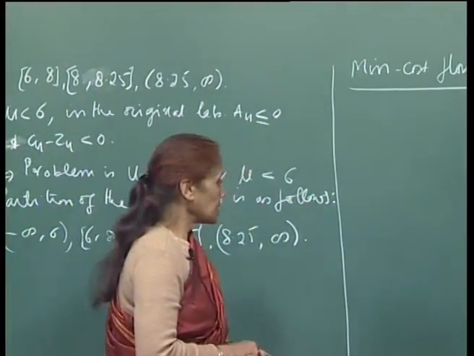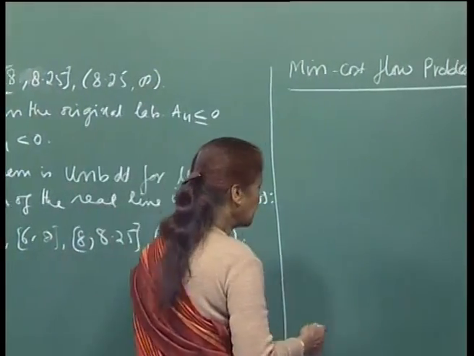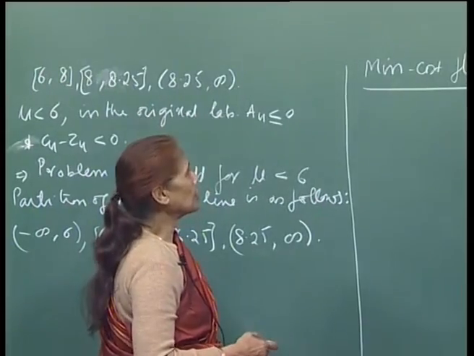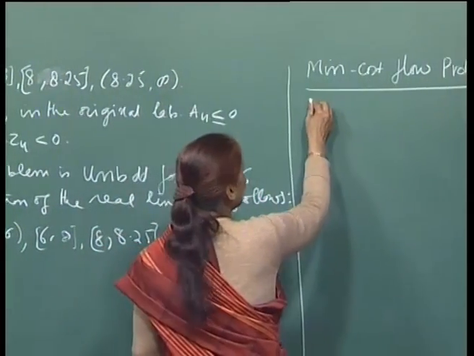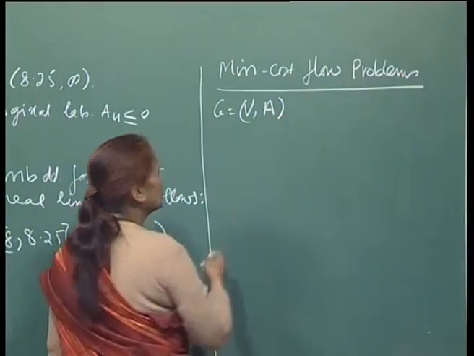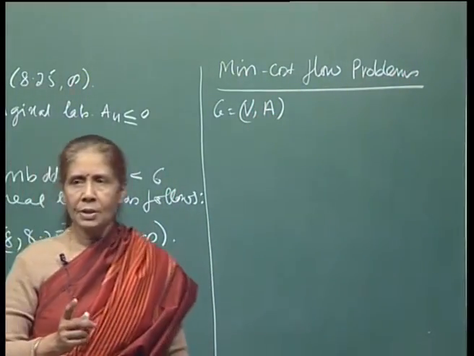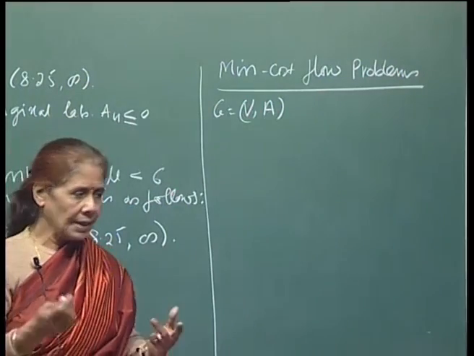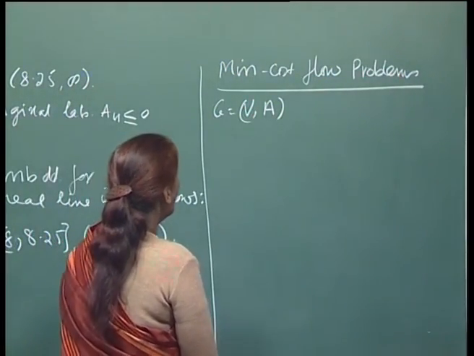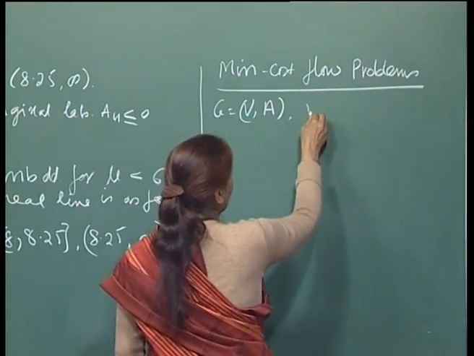But let me first, okay, so just a few terminologies, and then we can start defining and formulating the min cost flow problem. So, the idea is you have G is V and A. So, here again for the shortest path problem, I took the directed arcs, directed edges, which we call arcs. So, G is V A, where V is the node set.